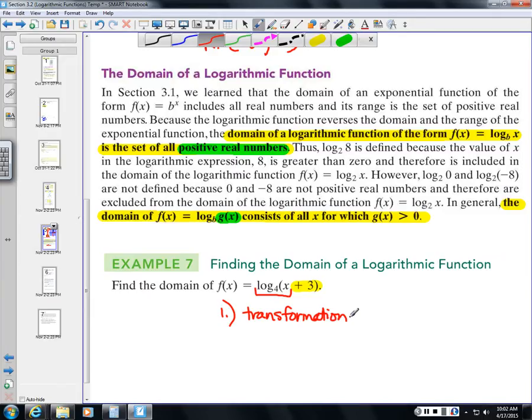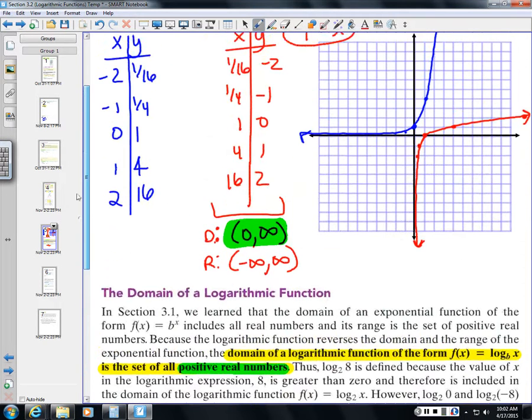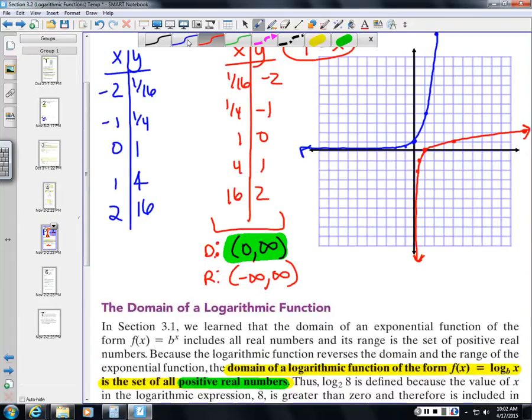Since it's a positive 3, the transformation is left 3. Just using that idea of transformations, if I look at this red graph, if I took all of these ordered pairs and shifted them to the left 3, see 1, 2, 3, all these points are just going to shift over to the left 3.